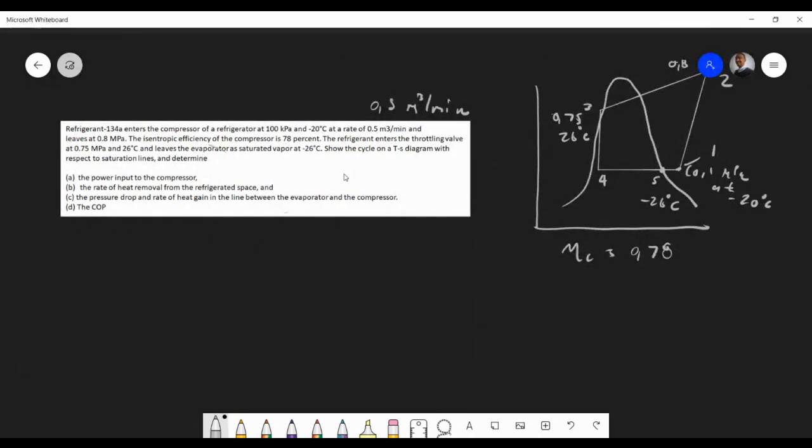First things first here, right? I'm going to test you guys. Okay, let's find the mass flow rate of the system. Can someone give me the formal definition of mass flow rate?